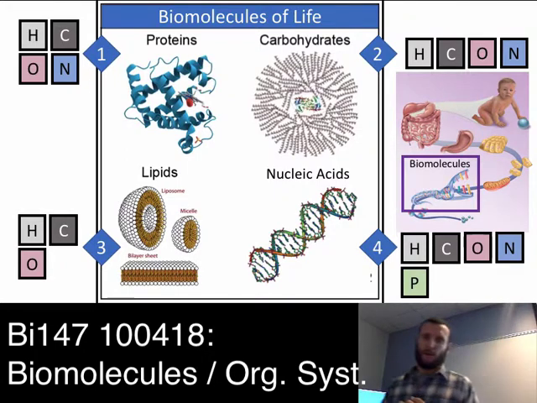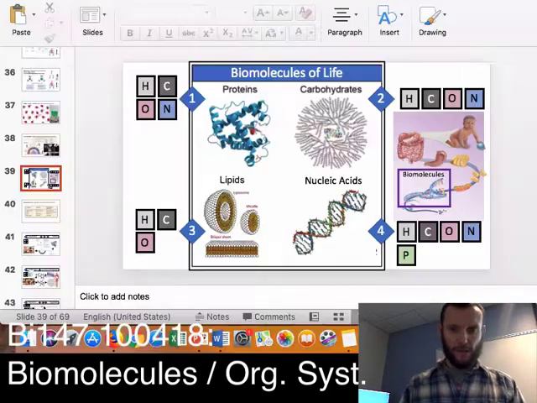The 4 of them are proteins, carbohydrates, lipids, and nucleic acids. I have the elements that each of them contains. And actually, I have phosphorus in DNA, but actually the largest amount of phosphorus happens in lipids.